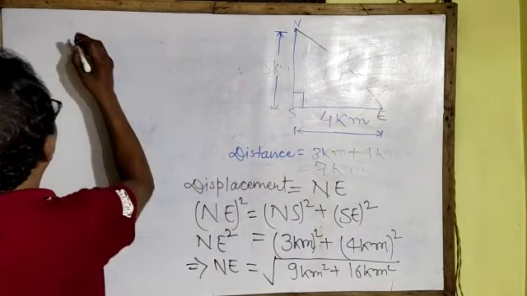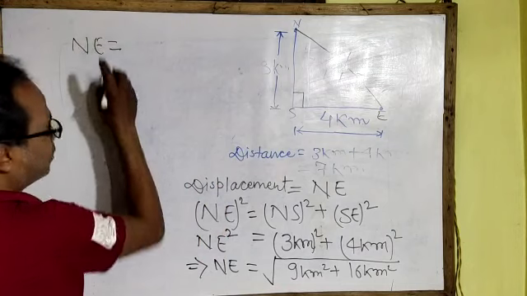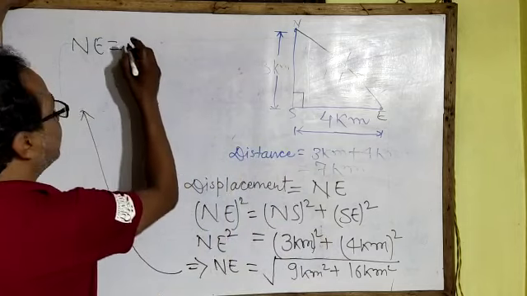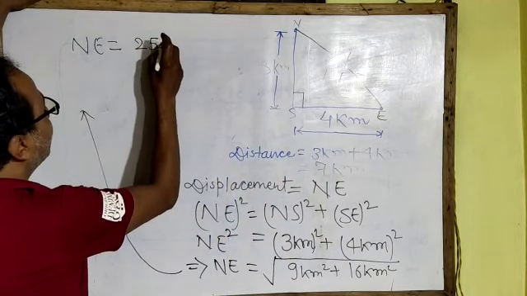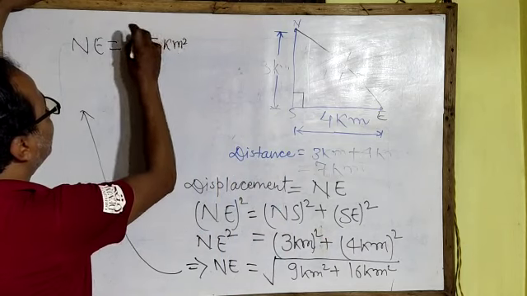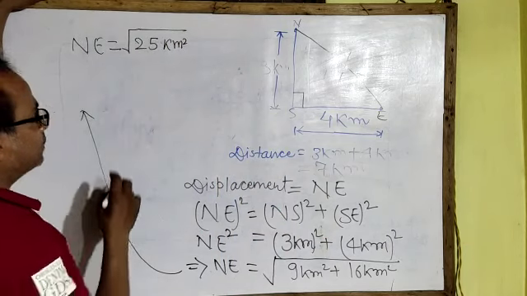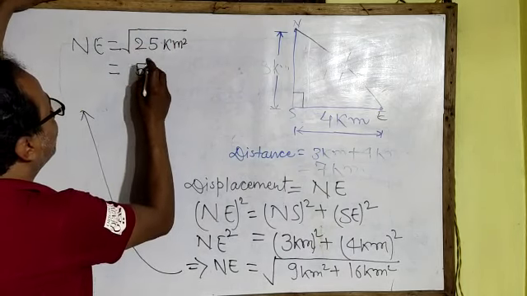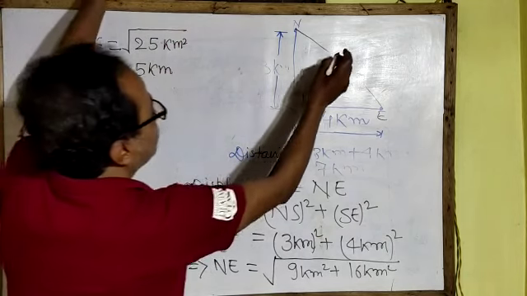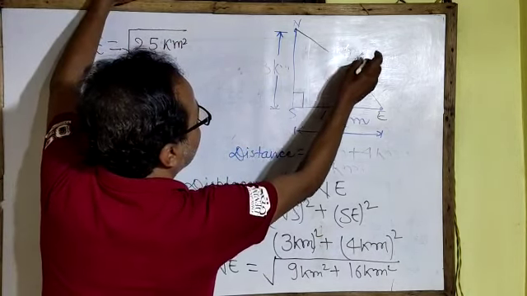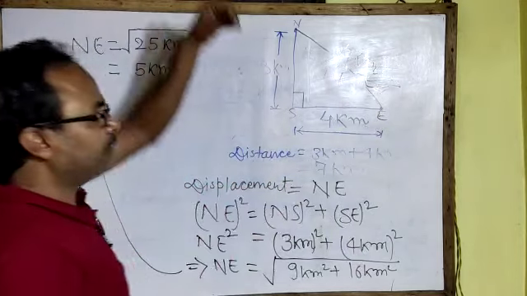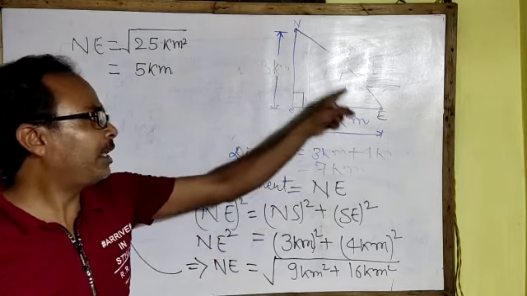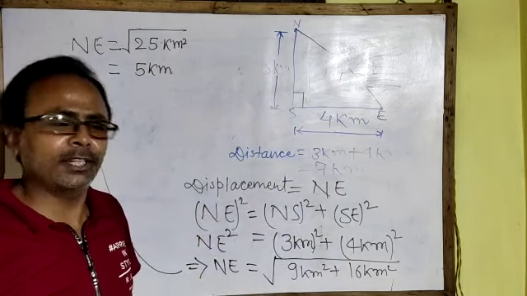Now you can see NE equals the square root of 9 plus 16, that is, 25 kilometer square. Taking the square root of 25, obviously we have 5 kilometers. So the displacement is 5 kilometers. See, the distance is 7 kilometers while the displacement is 5 kilometers.